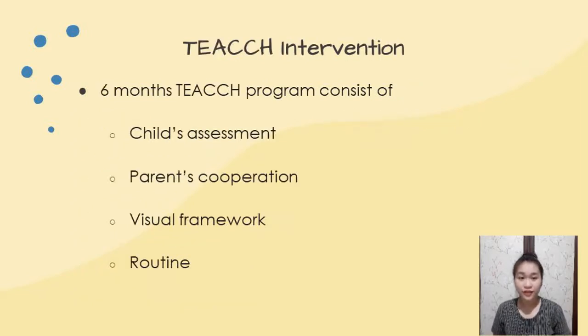They also gave a 6-month TEACCH program, which includes a 1-month assessment of the children on the basis of normal growth criteria, providing the necessary explanation to parents to cooperate with the intervention, and preparing a visual framework by pictures or drawings for the children.